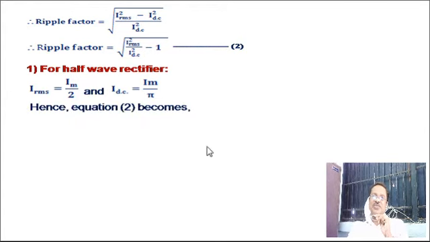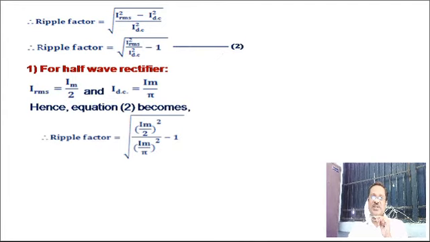Now substitute these values in equation number 2. Ripple factor is under root IRMS, which is Im by 2, squared, divided by IDC, which is Im by pi, squared, minus 1. By simplifying, Im square gets cancelled, this is 4, this is pi square, so it will be under root pi square by 4 minus 1.